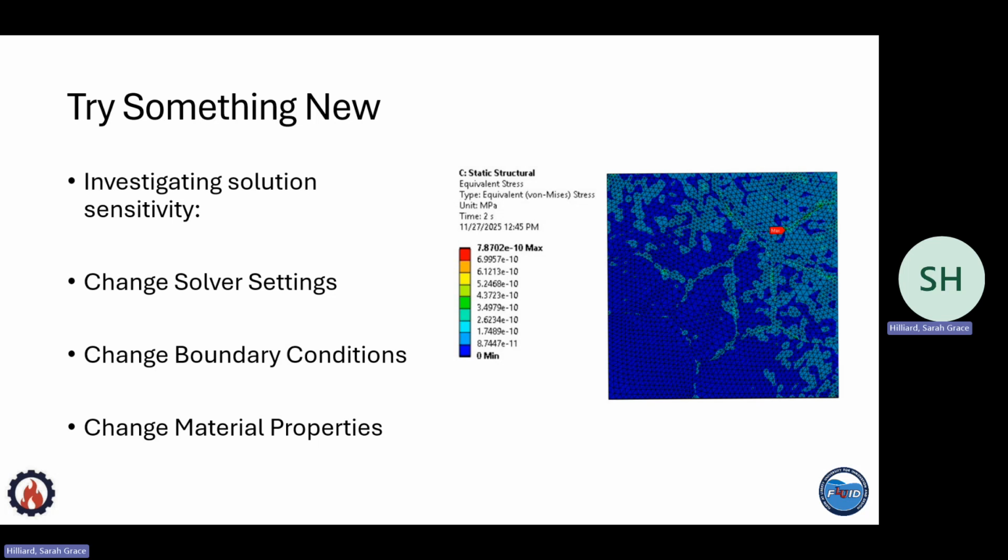So we know that can't be right, because the solution is not at all sensitive to changing the solver settings, changing the boundary conditions, whether it's 0.02 millimeters or 5 millimeters that this piece is being stretched by, the stress that it feels is no different, as well as material properties. Whether it is aluminum, high carbon steel, or copper, there's no difference in the maximum stress values, which we know is incorrect.